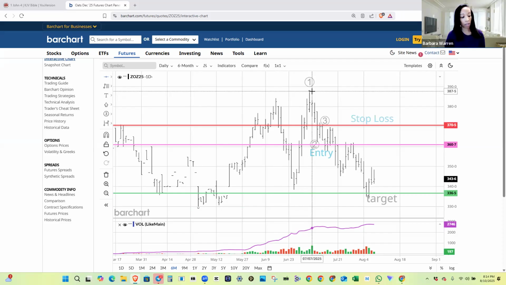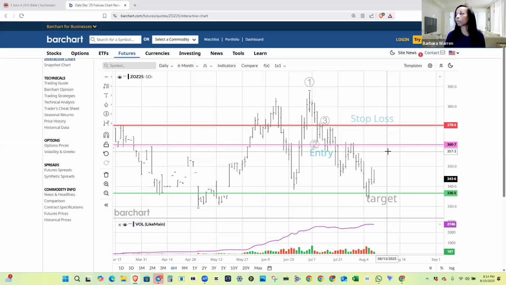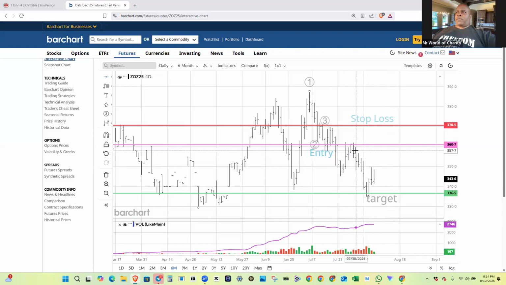That gives you $716. Divide that by 2, you get $358. Right, 50%. Which is really about right here. This is your 50%. So your 50% retracement, your target, is right where your entry is. It's actually above your entry.